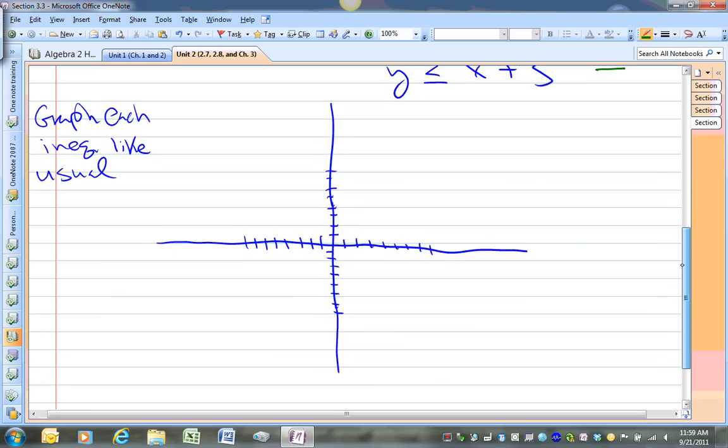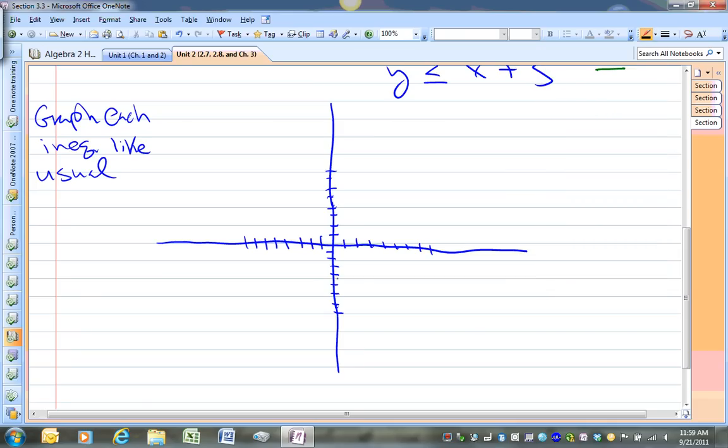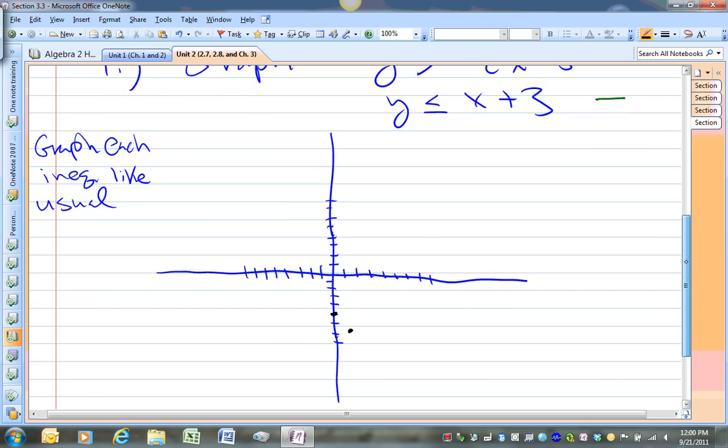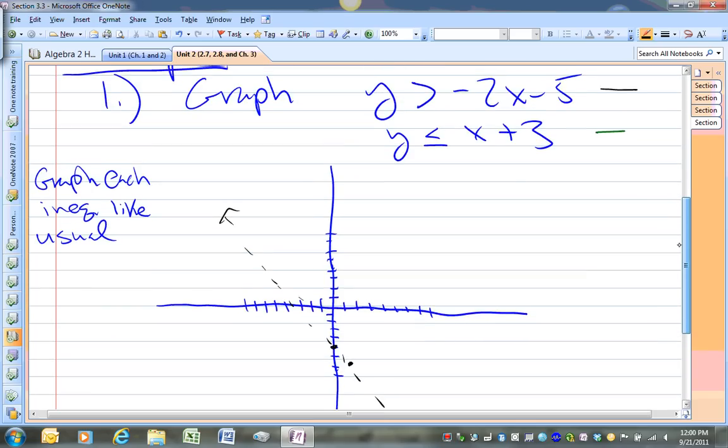So negative 2x minus 5, that should be pretty easy. Negative 5 is right here, down 2 over 1. And because there's no equal, we make it dashed. The little arrows, and its shading will go above.